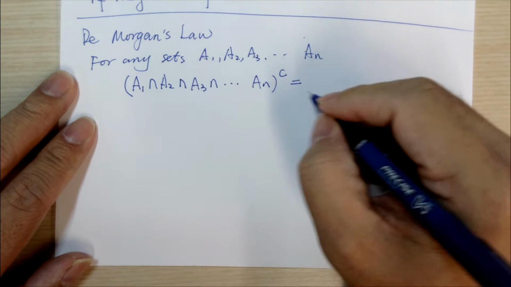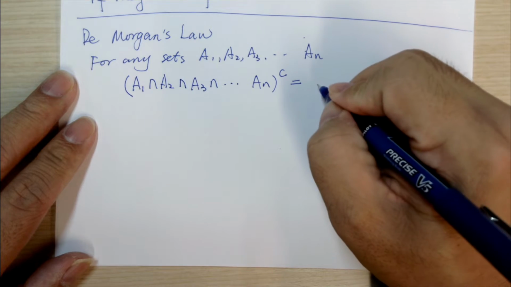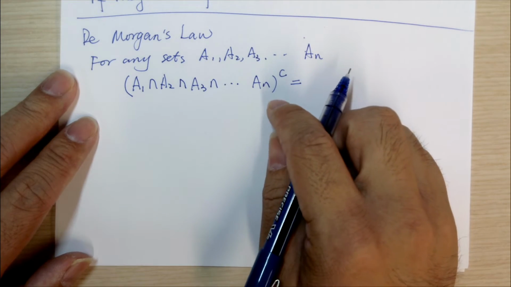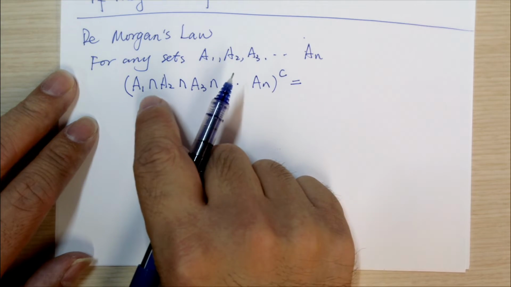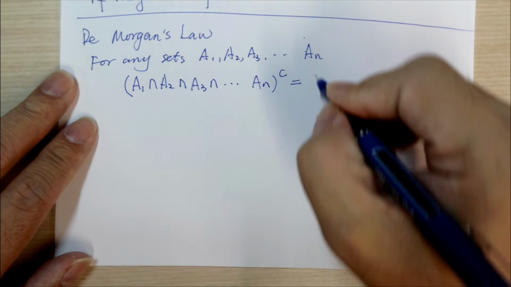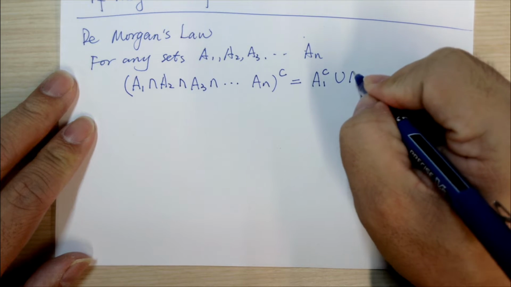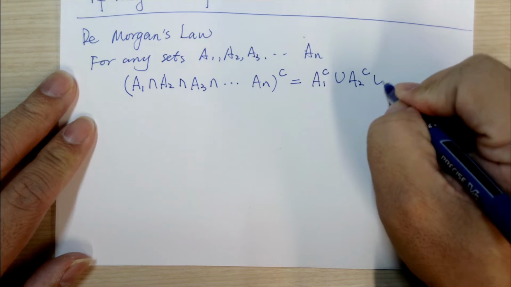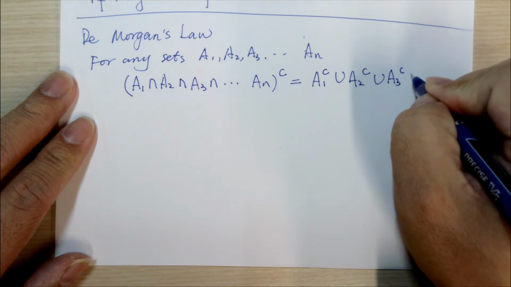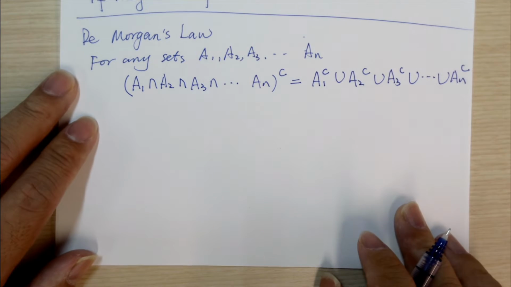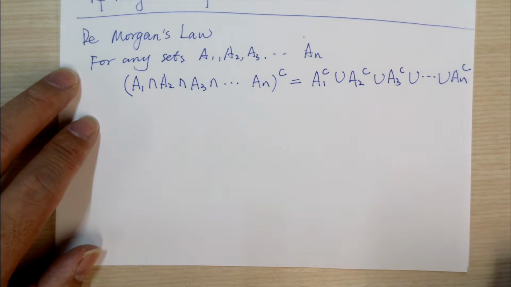Well, this equals kind of like the distribution, but since it's a complement, you can expect that the intersection is going to change. So it gives you A1 complement union A2 complement union A3 complement union, and then union AN complement. So that's the first part of the De Morgan law.